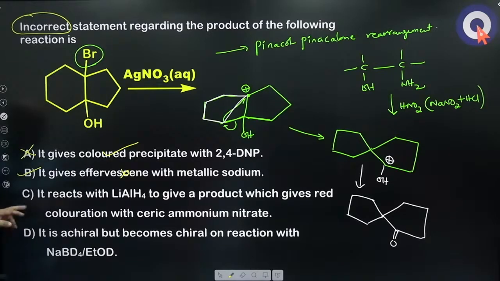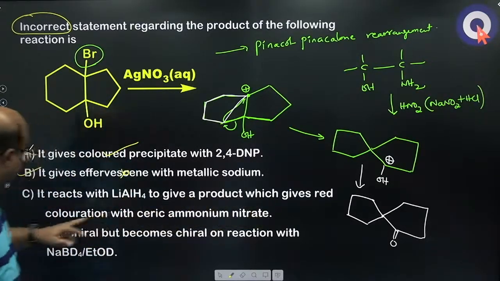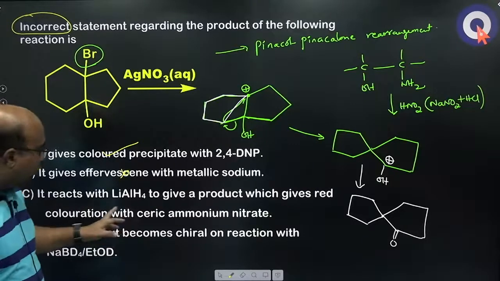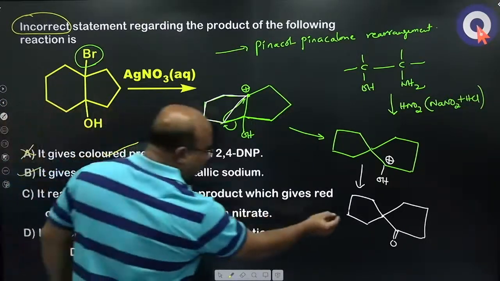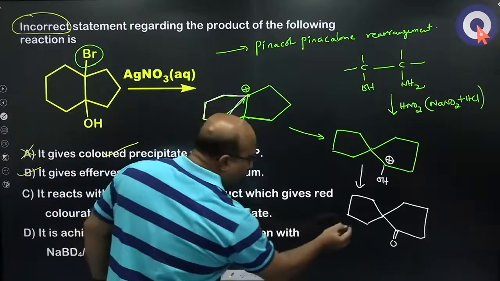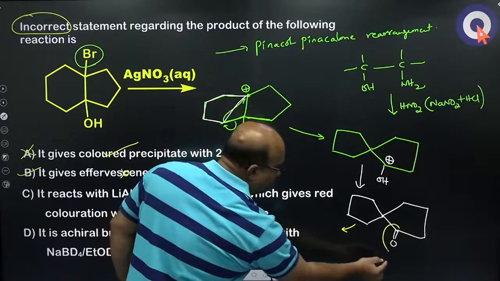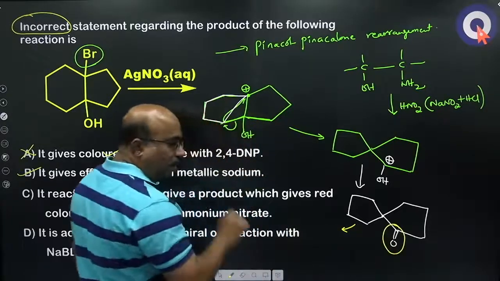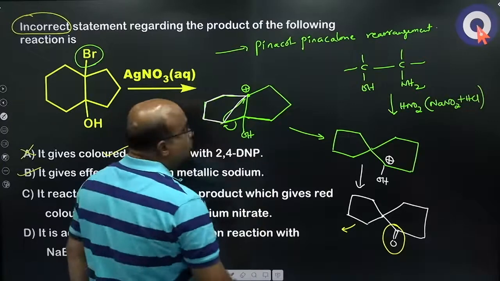Next, it reacts with lithium aluminum hydride to give a product which gives red coloration with ferric ammonium nitrate. If you react this product with lithium aluminum hydride, it will convert into alcohol. The C double bond O keto group converts into alcohol, a secondary alcohol.